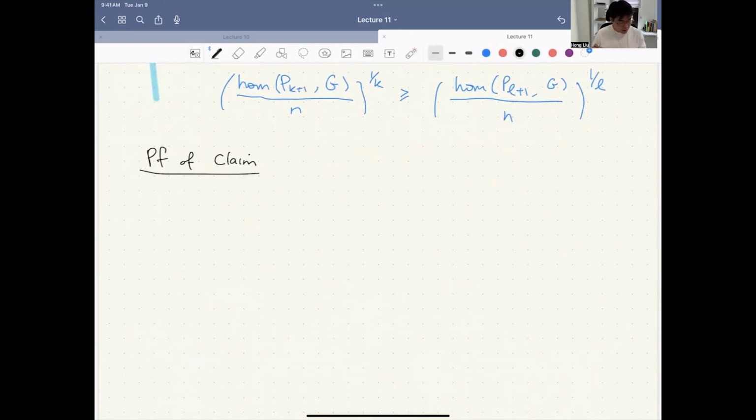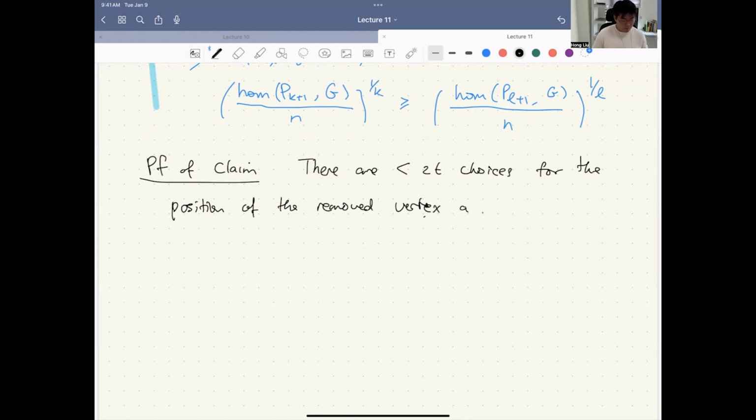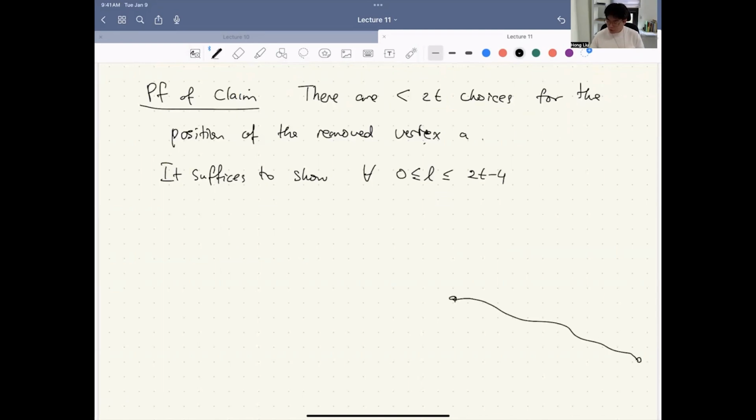So there are less than 2t choices for the position of the removed vertex A. It suffices to show, for every l between 0 and 2t minus 4, let's suppose the removed vertex is at position v_{l plus 2}. So this is the removed vertex.